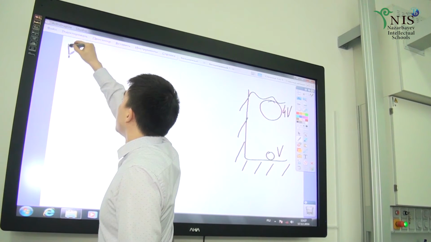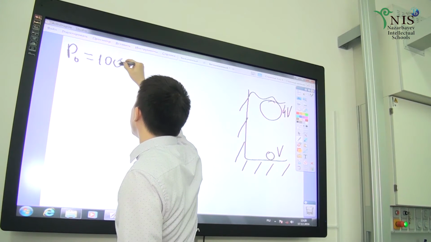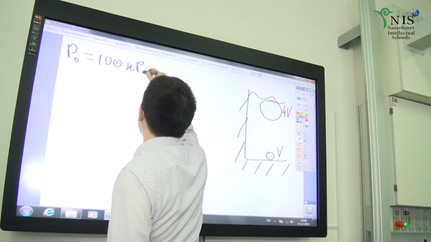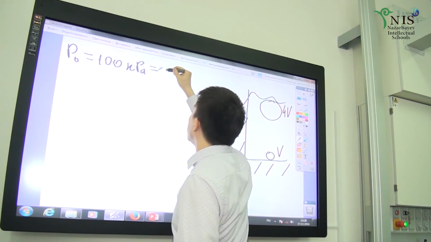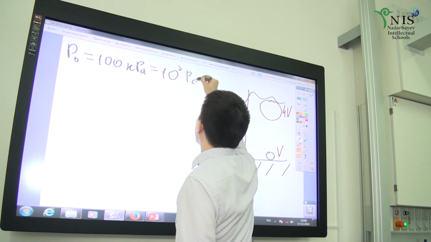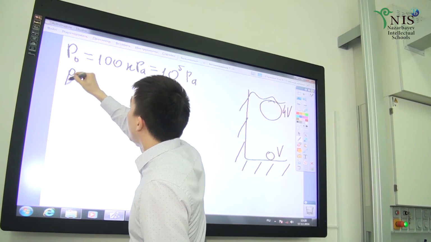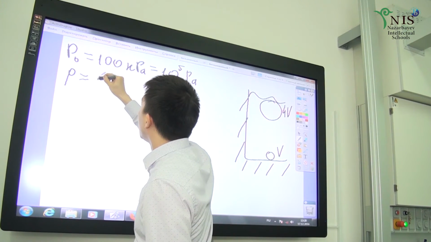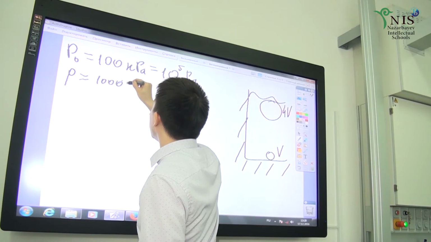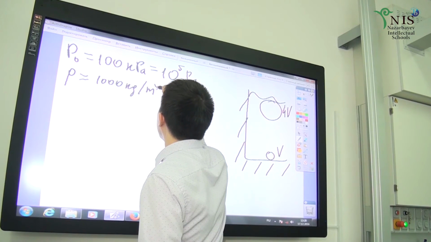According to our problem, atmospheric pressure is equal to 100 kilopascal. That's equal to 10⁵ Pascal. And the density of our lake water is equal to 1000 kilogram per meter cube.